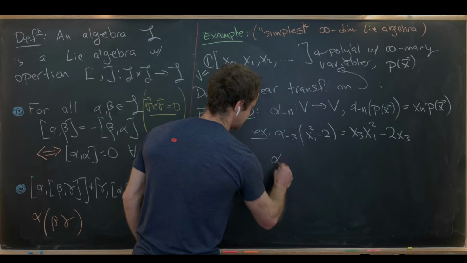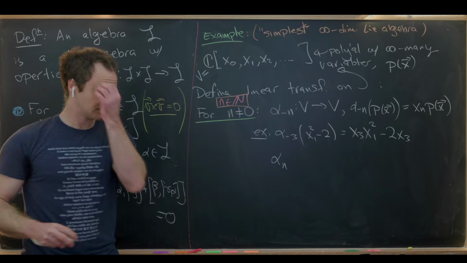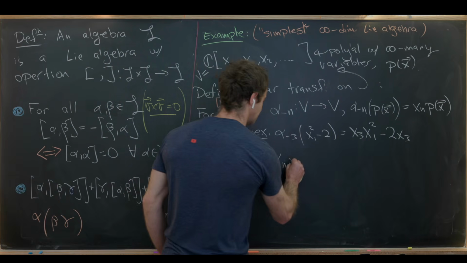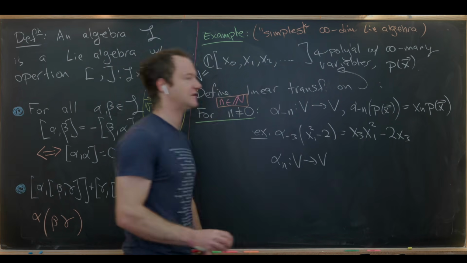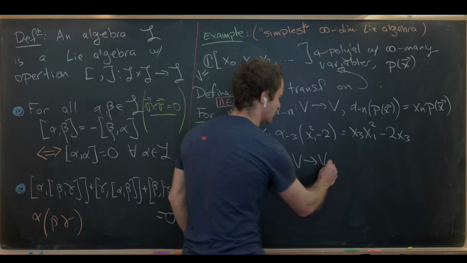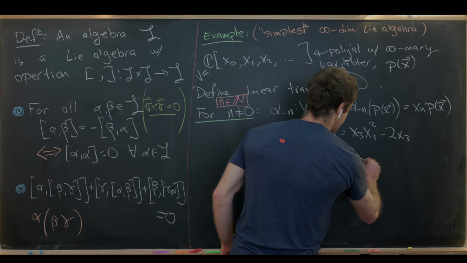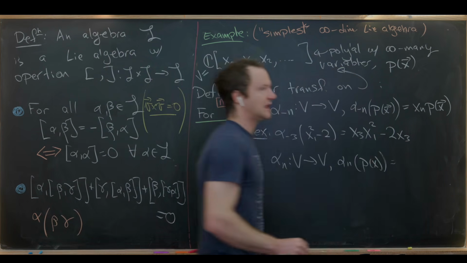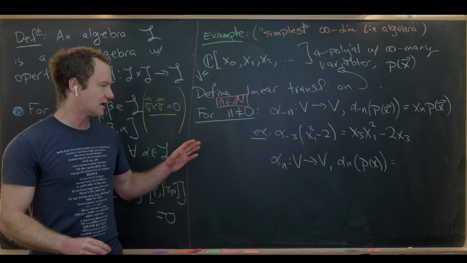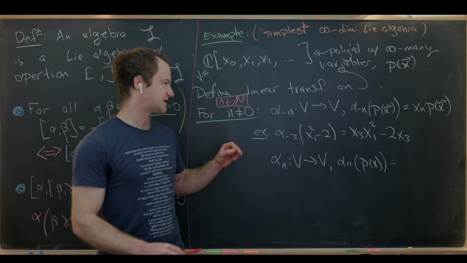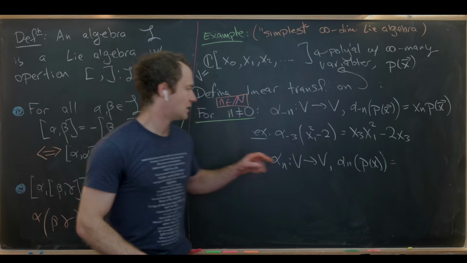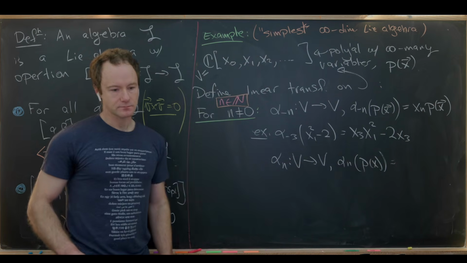And then let's say, what about for positive ones? So for positive ones, again, that's going to be a linear transformation from V to V. And what it will do, so alpha n on p(x) here, it will essentially be the derivative with respect to this variable.